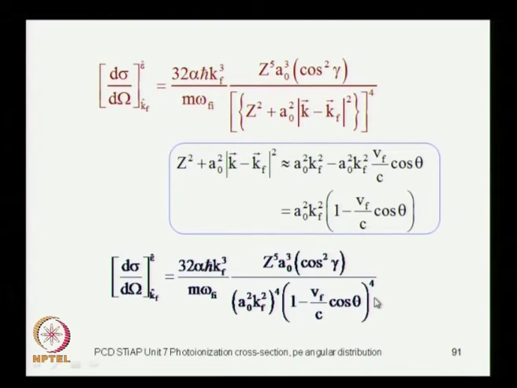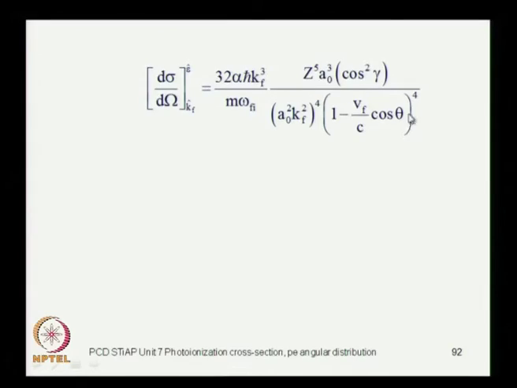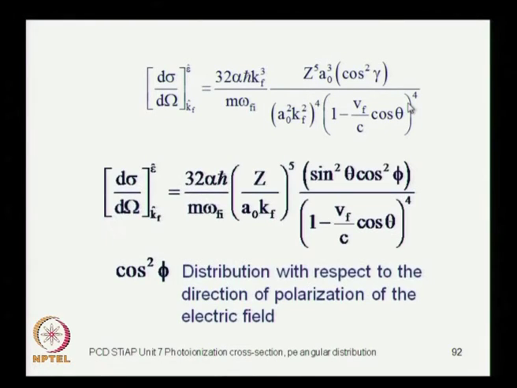Okay. Now, this again you can expand and develop an approximation because v over c is small, right. So, let us do that. So, you have got 1 minus v over c cosine theta to the power 4, you need the 4th power, you have got the cos square of gamma distribution, and this we have already seen to be equal to sine theta cosine phi, you have got the square of this.